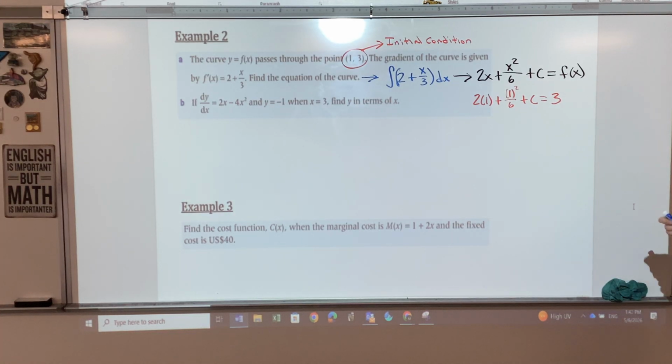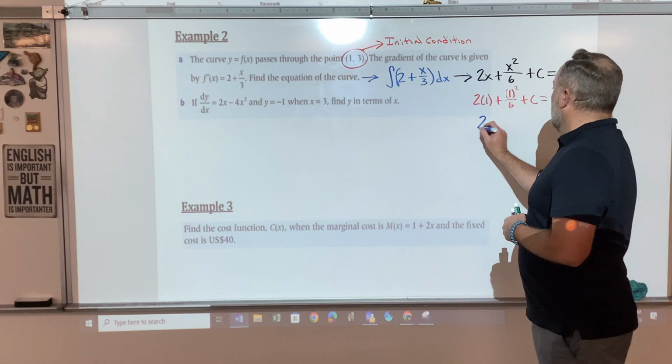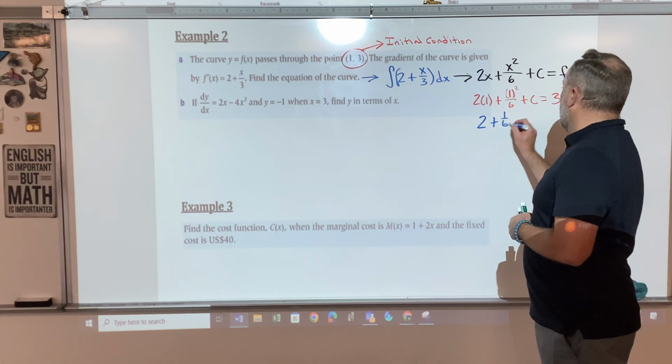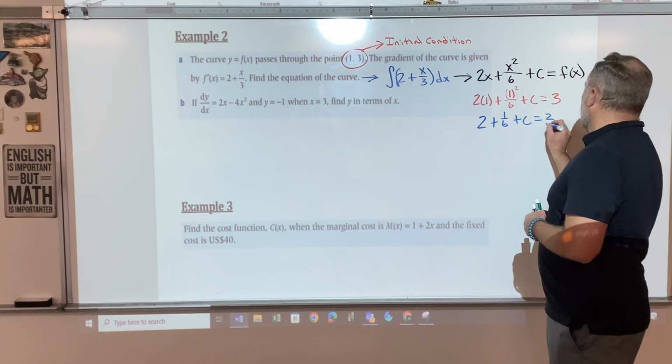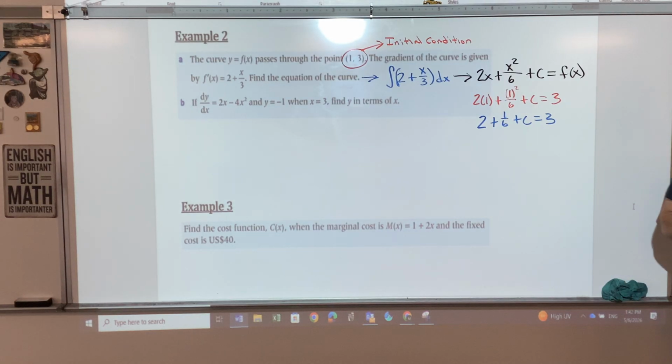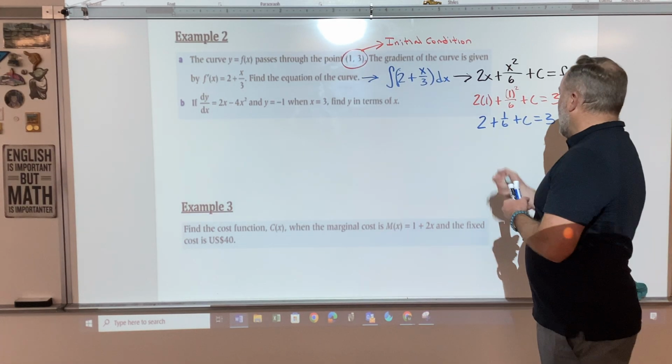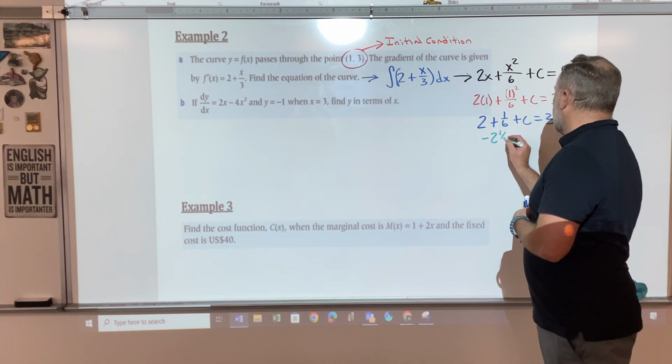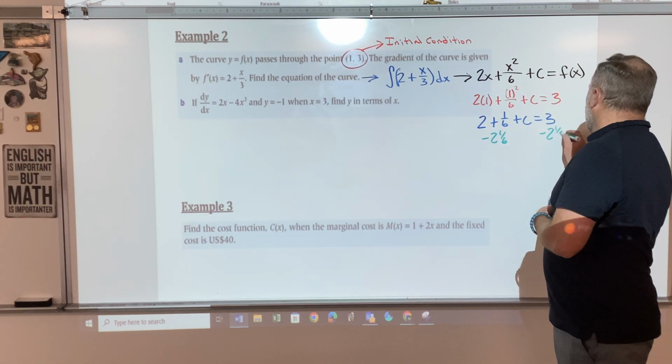Okay, so now we have this. 2 plus 1/6 plus c is equal to 3. What do you want to do with that? Subtract. Subtract what? 2 and 1/6, right? 2 plus 1/6 is 2 and 1/6, so we can just say, okay, I gotta subtract 2 and 1/6 from 3.